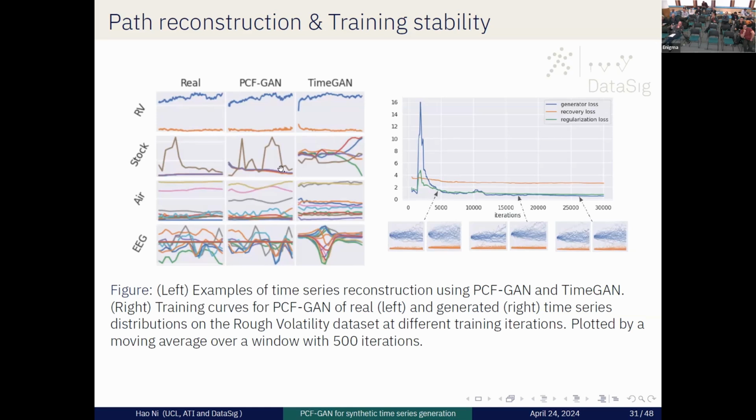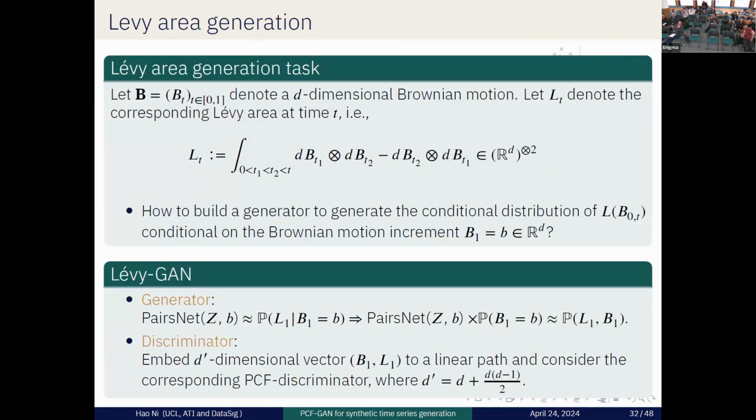And if you look at the reconstruction performance of our model and TimeGAN, our model seems to better capture the order of the events in the time series. And those two additional losses, the recovery loss and the regularization loss, are also quite useful for monitoring the GAN training. Almost out of time, but okay, so I will be quick.